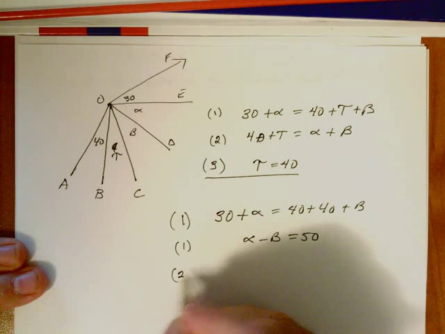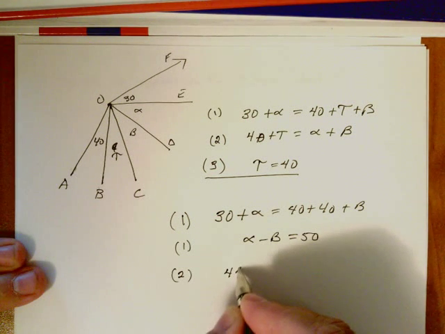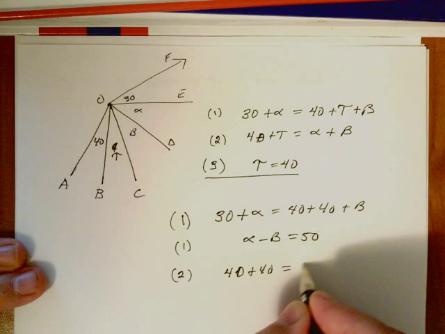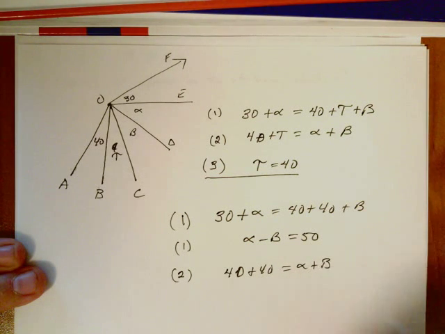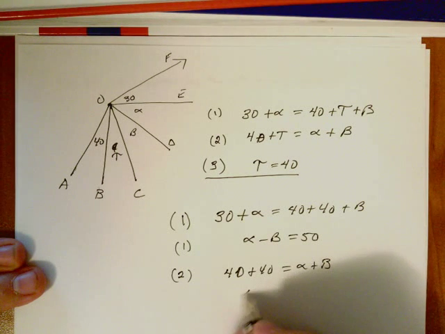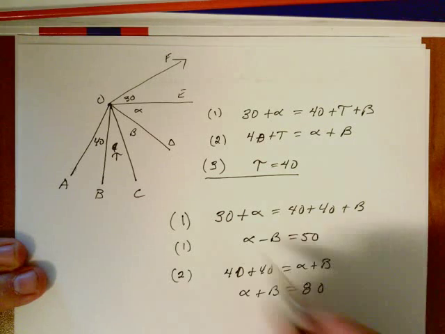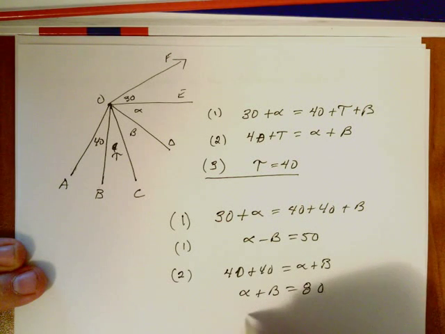And the second equation, 40 plus tau, which is 40 more, that's equal to alpha plus beta, right? So I'm going to rewrite that as alpha plus beta is equal to 80.